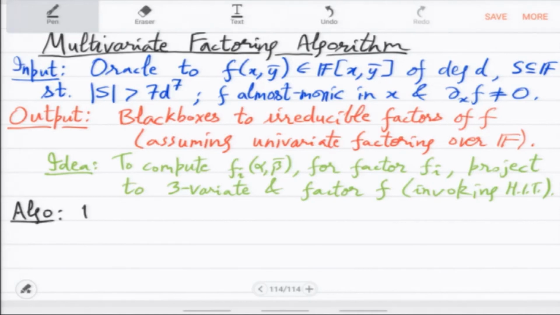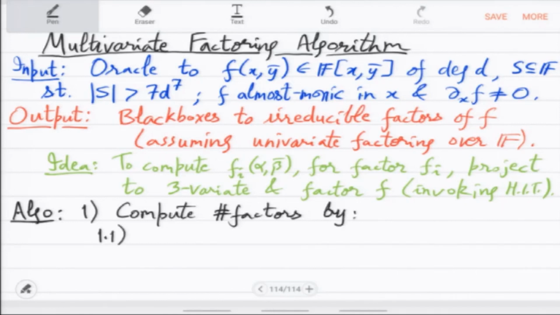Okay, so first compute the number of factors. So pick a bar, b bar randomly and project to bivariate.